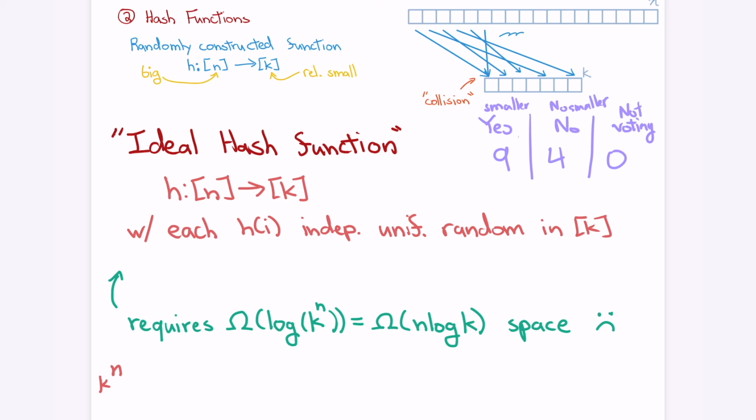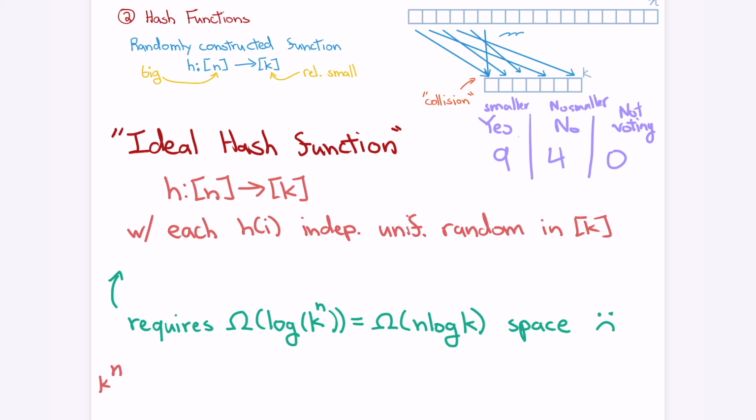And when n is ginormous, like the size of the universe, that's not practical anymore. I mean, I guess you could generate random numbers as needed, but yeah.